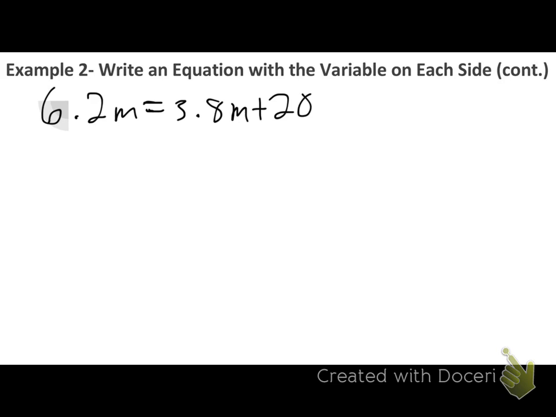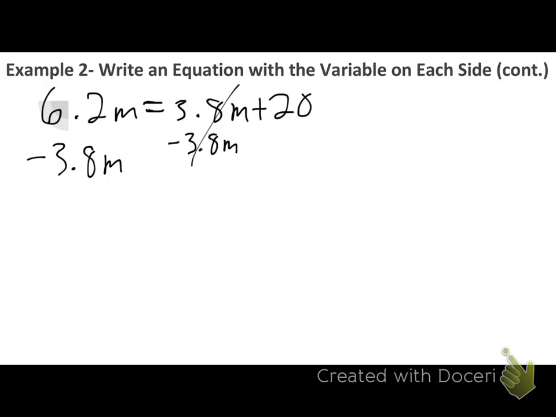So, I'm now going to solve this equation for M. What would be my first step here if I've got variables on both sides of the equal sign? Remember, I want to get my variables to the same side of the equal sign first. So I'm going to subtract 3.8 M from both sides of the equal sign.